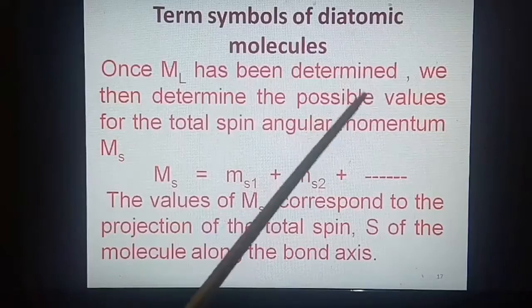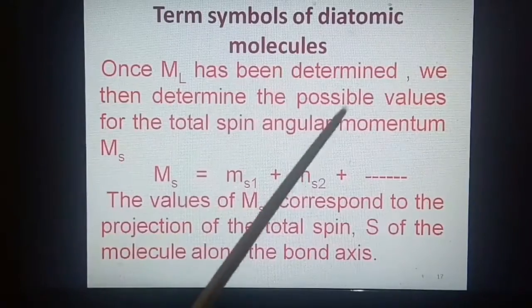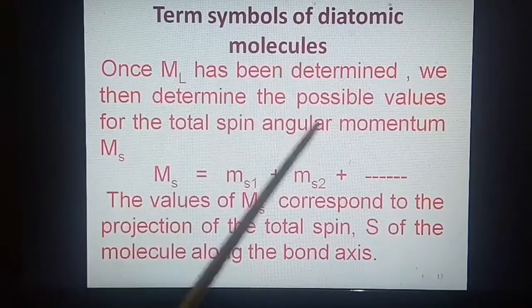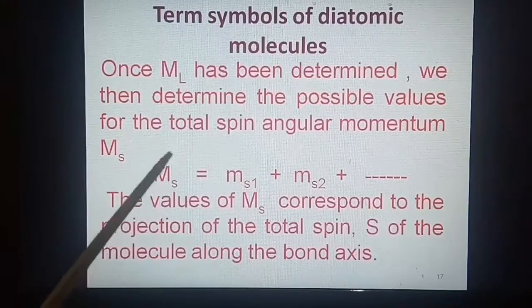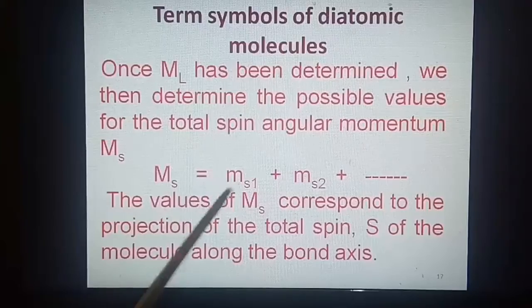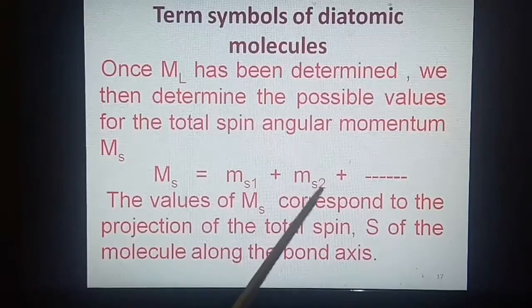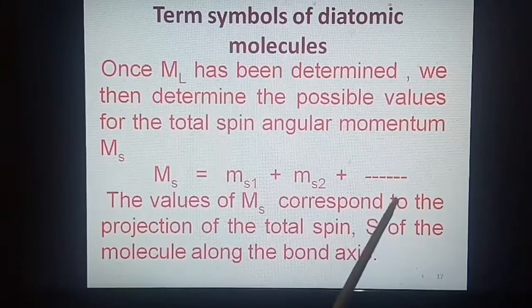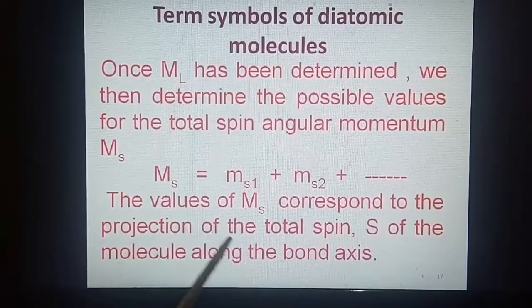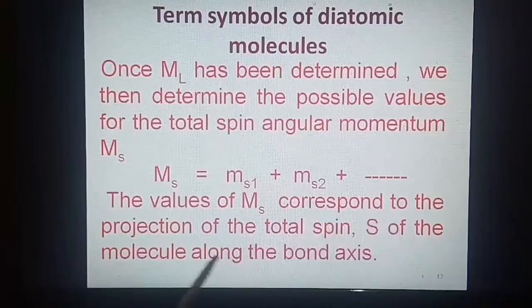Once M_L has been determined, we then determine the possible values for the total spin angular momentum. This is the second step. So capital M_S is equal to m_s1 plus m_s2 plus etc. The values of M_S correspond to the projection of the total spin S of the molecule along the bond axis.